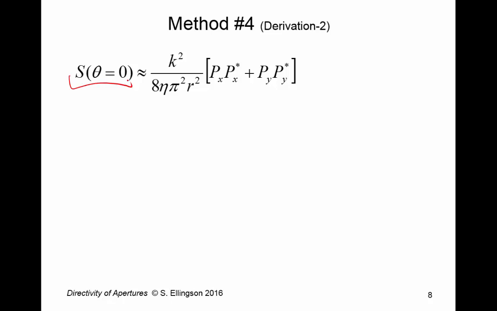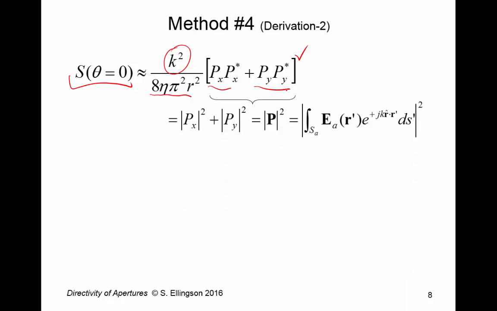But when you do this calculation, you find that you get wave number squared over 8 eta pi squared r squared, and then the spatial Fourier transforms of the aperture electric field enter into the expression in this way: Px conjugate plus Py conjugate. Now, this thing in the brackets we can write in a slightly different way. You recognize that this is equal to the magnitude of Px squared plus the magnitude of Py squared.